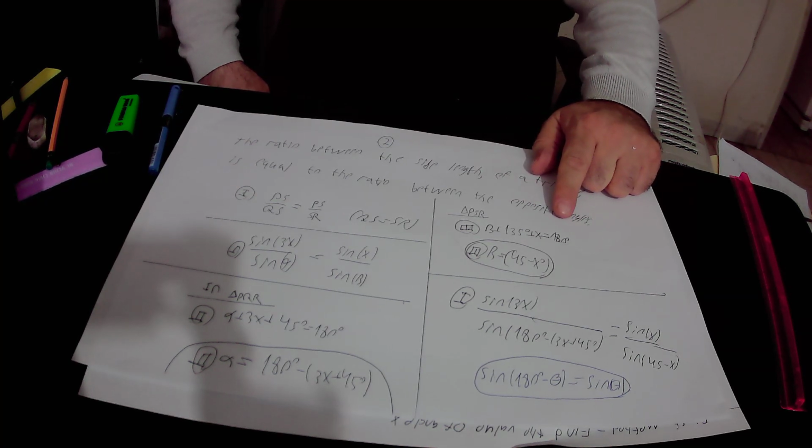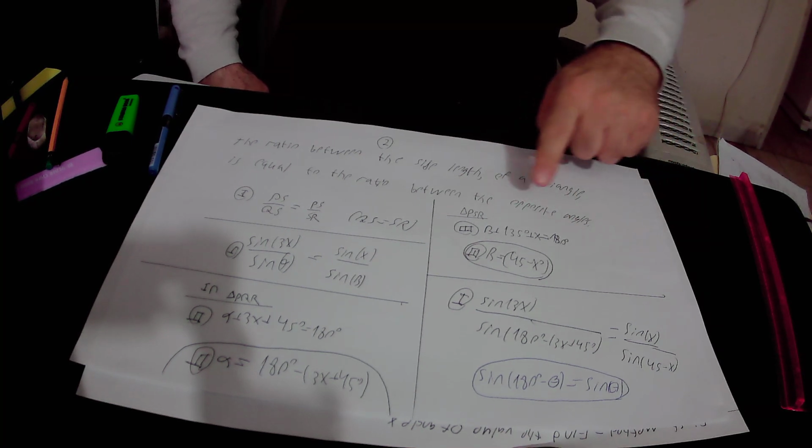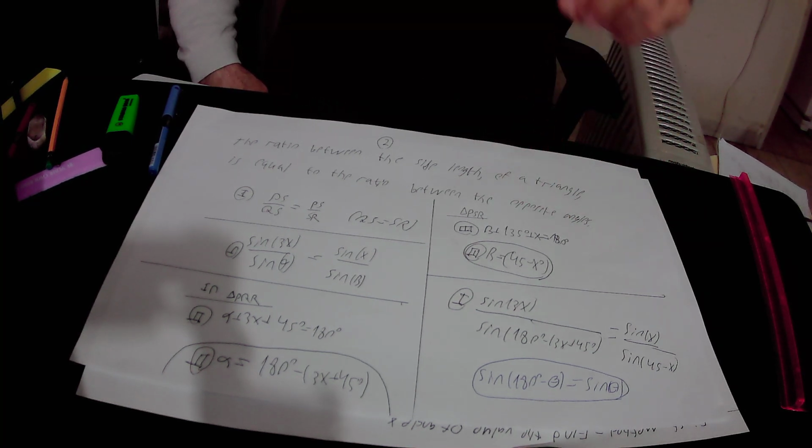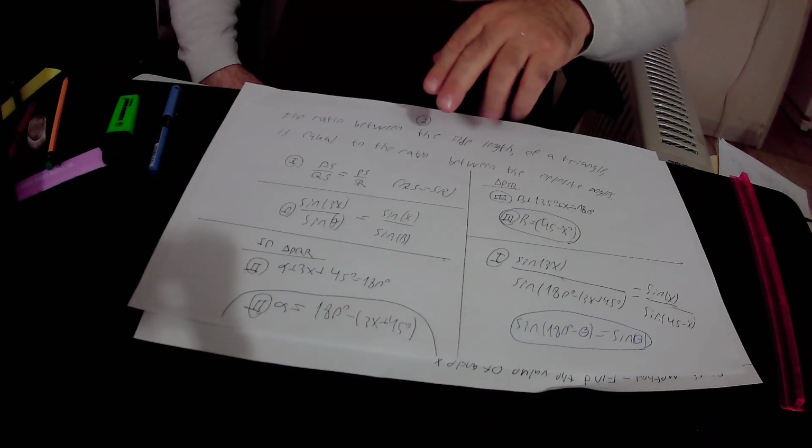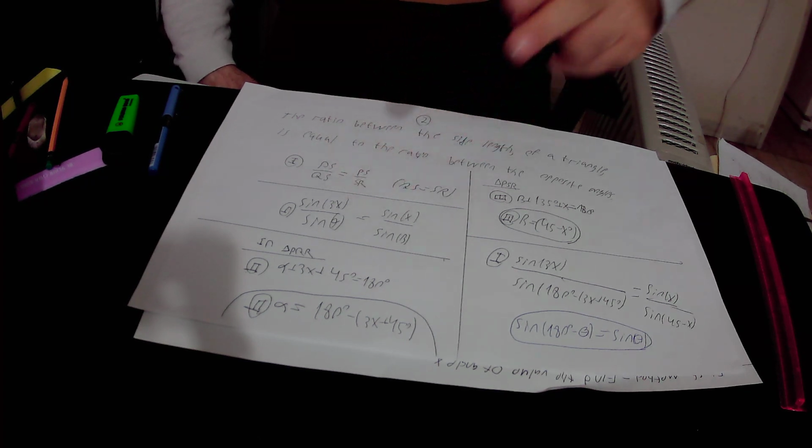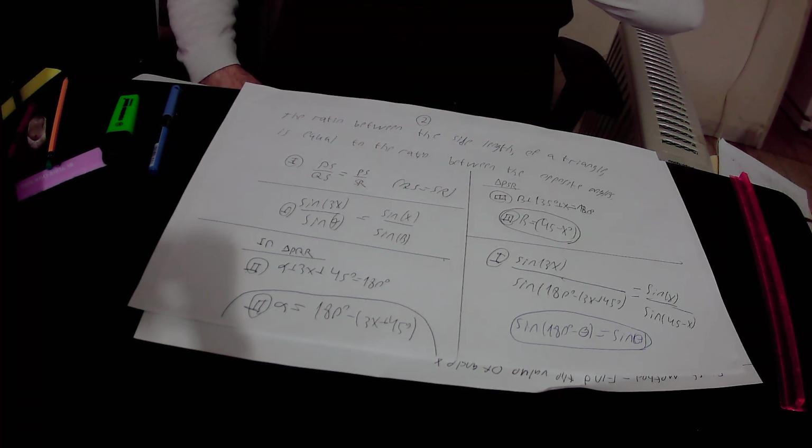We subtracted 135 degrees and x from this equation number 3, and we got that angle beta equals 45 degrees minus x, because 180 degrees minus 135 degrees is 45 degrees, and we also subtracted x. So angle beta equals 45 degrees minus x according to equation number 3, and according to equation number 2, alpha equals 180 degrees minus (3x plus 45 degrees).